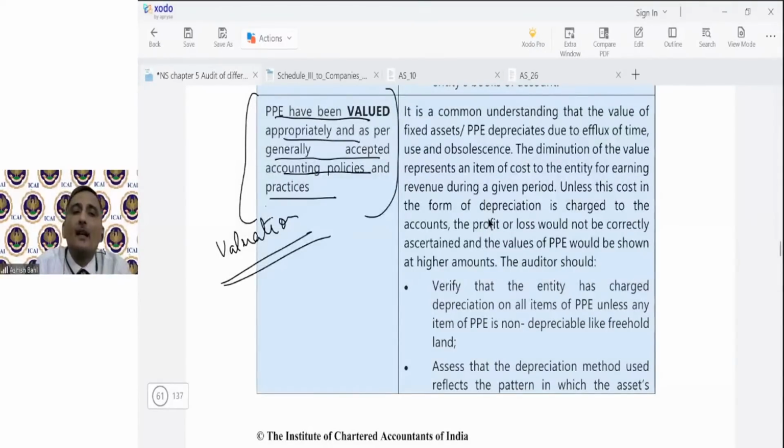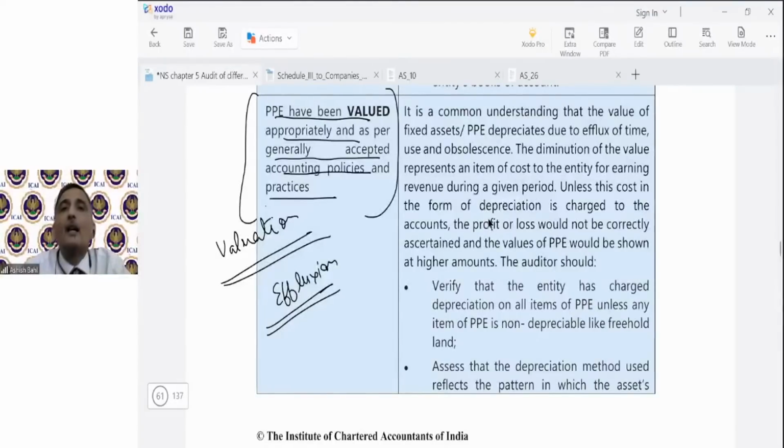This is known as erosion. जैसे जैसे टाइम पास होता है वैसे वैसे किसी भी पीपी आइटम की वैल्यू कम होती है एक्सेप्ट इन केस ऑफ लैंड. Therefore, depreciation is charged on all PPE items except in case of land, because land value does not decrease with the passage of time. Normally, it may increase, it may appreciate with the passage of time.